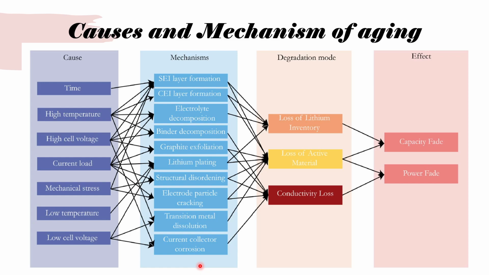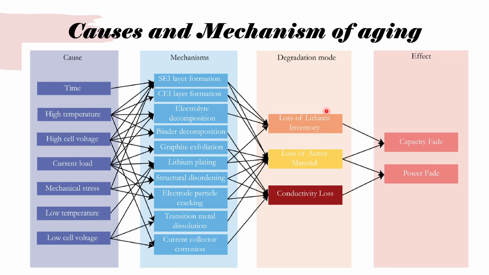So there are different aging mechanisms which we'll talk about in detail in separate videos. But the common ones include SEI layer growth, lithium plating, CEI layer growth, etc. Then these mechanisms lead to different degradation modes.